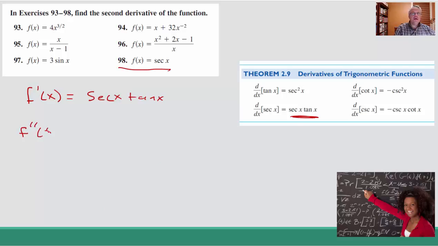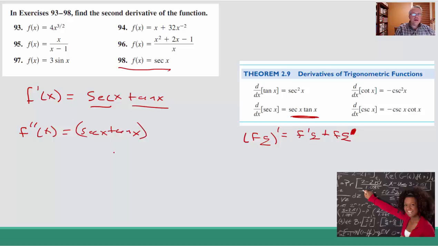Well, we're going to need the product rule because this is the product of two functions. So to take the derivative again, we need this. The derivative of f times g is f prime g plus f g prime, not double prime, prime. Okay, so when I take the derivative here, f prime, the derivative of secant, is secant x tangent x.